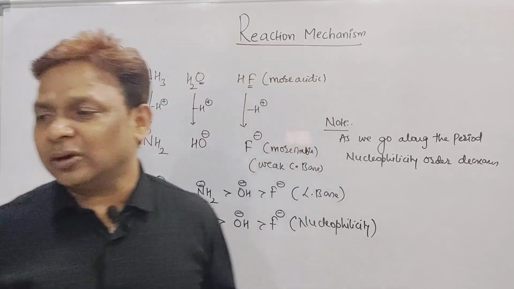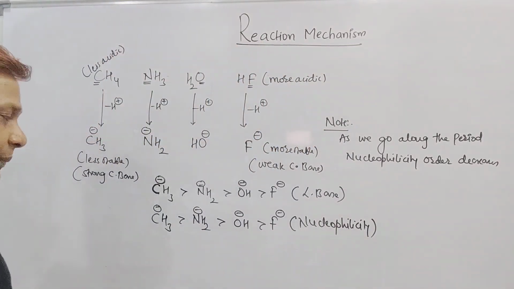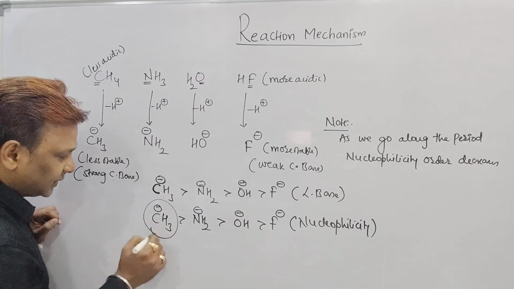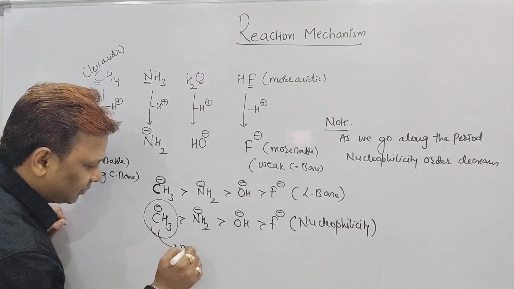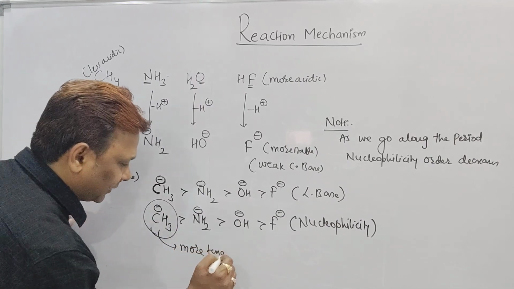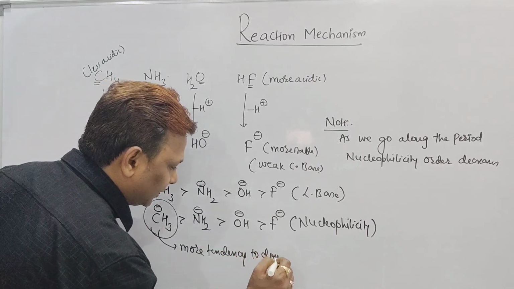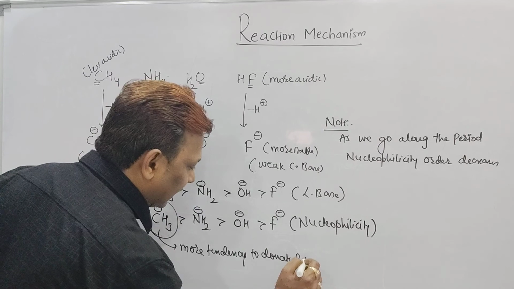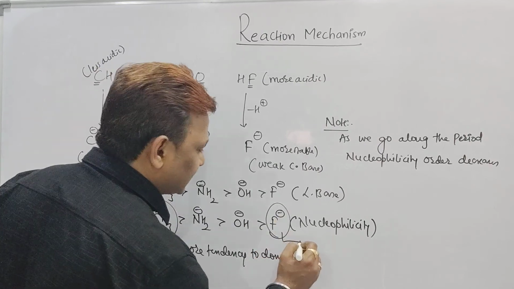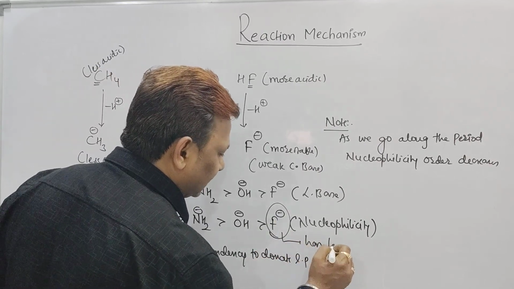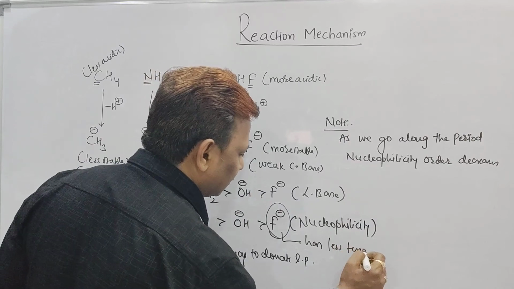Right? Take a screenshot of this one, beta. That means in this one, what we can say? CH3 negative ion has more tendency to donate a lone pair. And F negative ion has very less tendency to donate a lone pair.